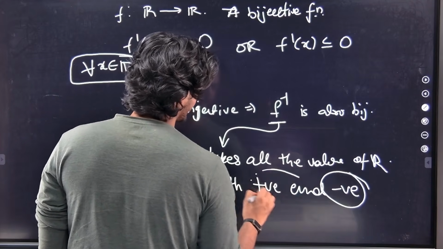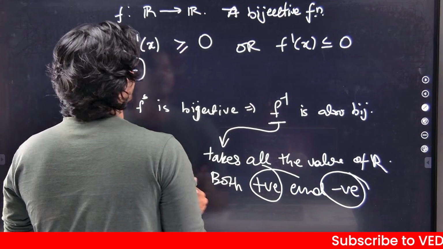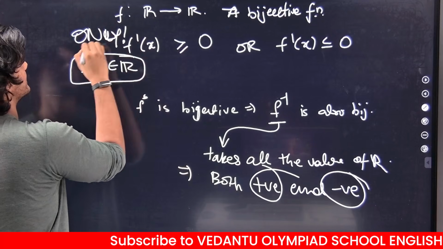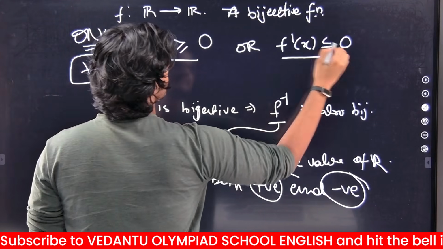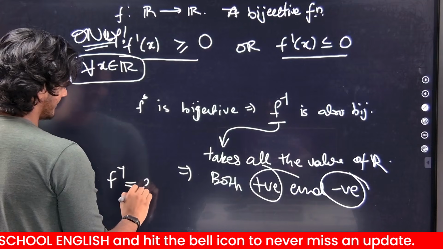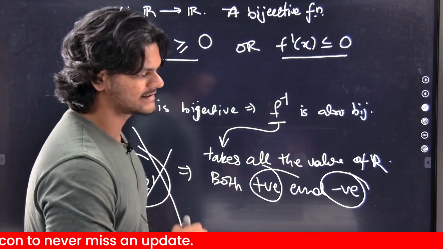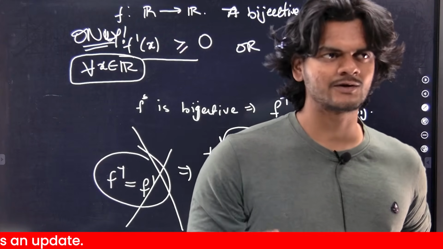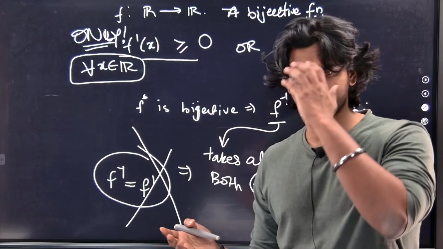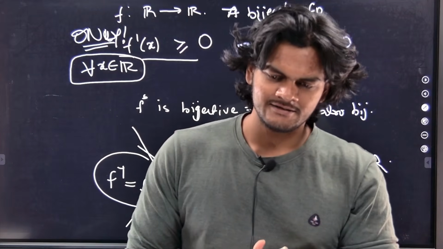So it cannot be fixed to only positive or only negative. So f inverse equal to f dash is not possible. That is the proof. I hope you understood it. You have to just write it in words. So that's it.